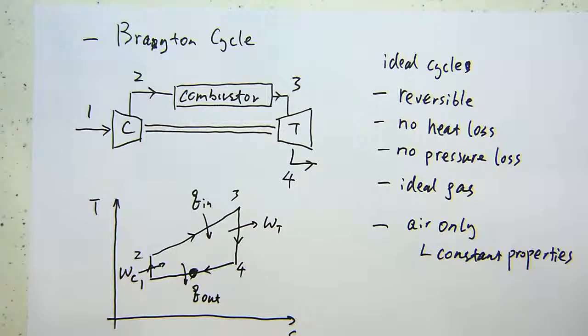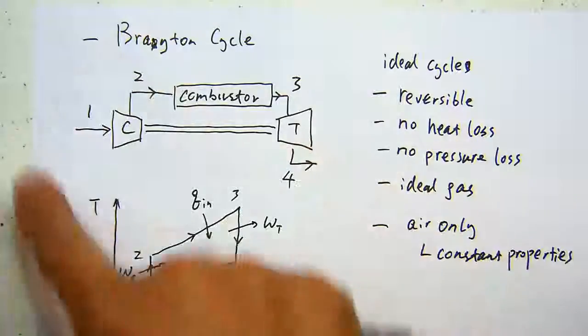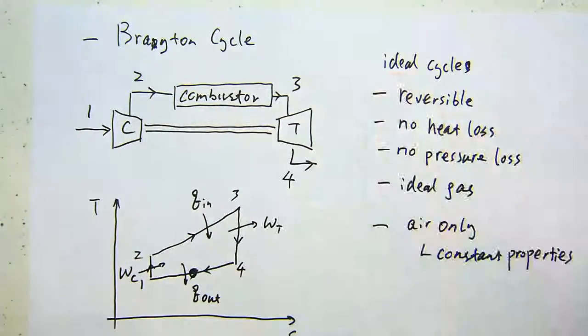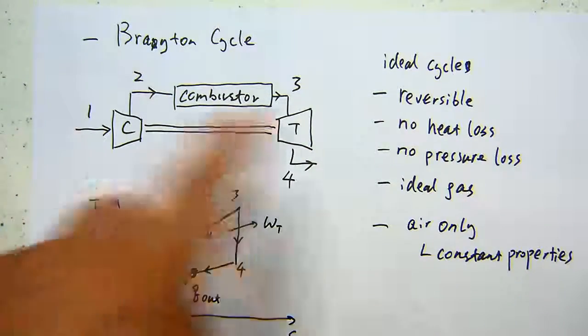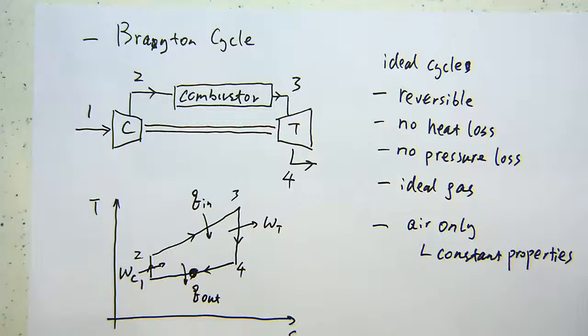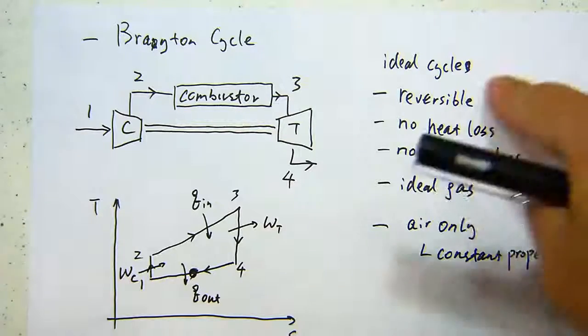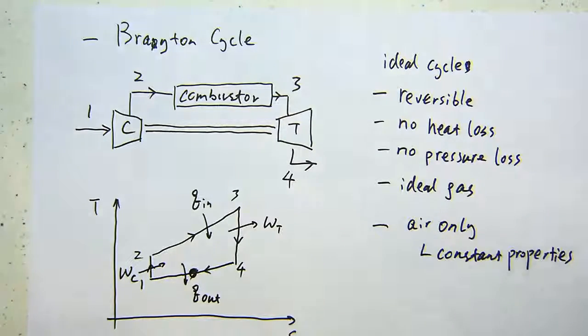And we mentioned that the basic Brayton cycle consists of three components and 4 steps. And we're dealing with ideal cycles. By ideal cycle, I mean these few things here. Reversible, no losses in terms of temperature or pressure.